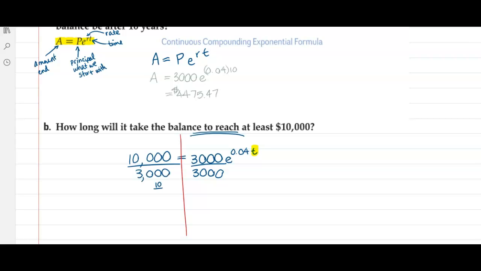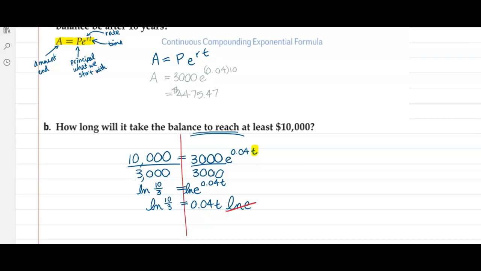So here I have 10 over 3, so it would reduce, equals E to the 0.04 T. Again, I need to get this T out of the exponent. And the only way to do that is if I take the natural log of both sides, so my exponent has a natural log to jump over. Natural log of 10/3 on the left equals 0.04 T, that's my entire exponent, natural log of E.